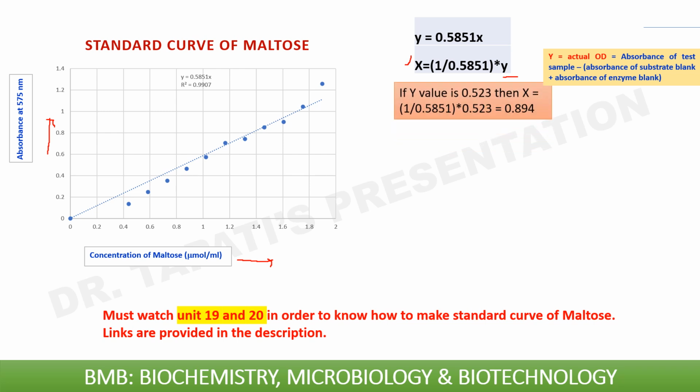If the y value is 0.523, then x will be 1 by 0.581 into 0.523. We are putting the y value, or actual OD, as 0.523, then we will get the x value as 0.894. So this point will be almost here.